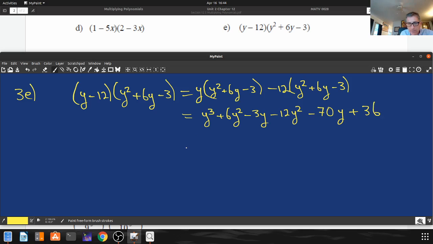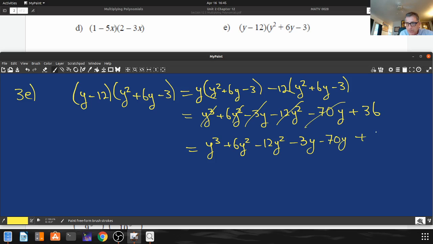So now all I have to do is collect like terms. My largest degree term is the y cubed. Now let's do the y squared terms. Then the degree 1 term. And the constant term.